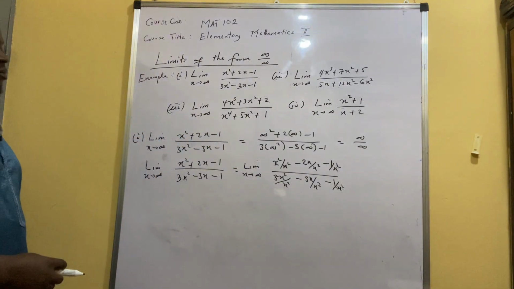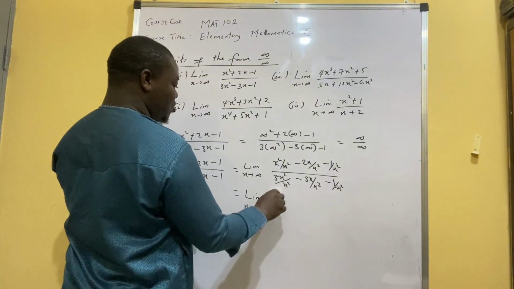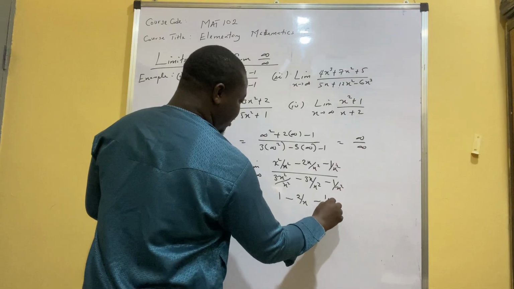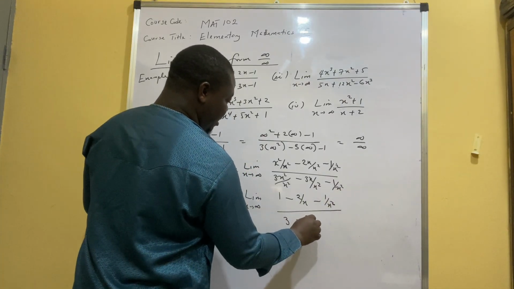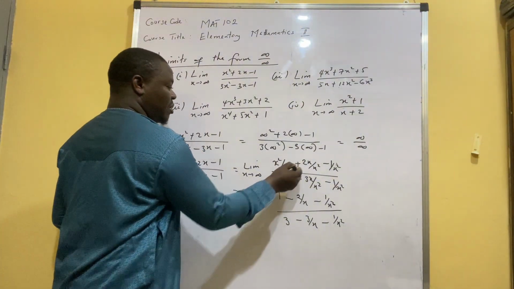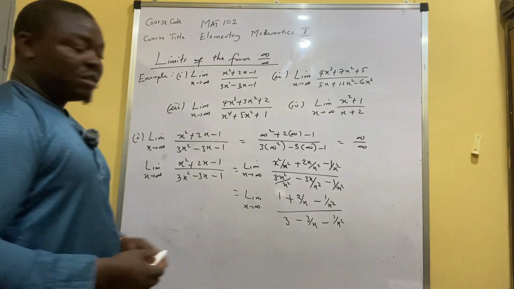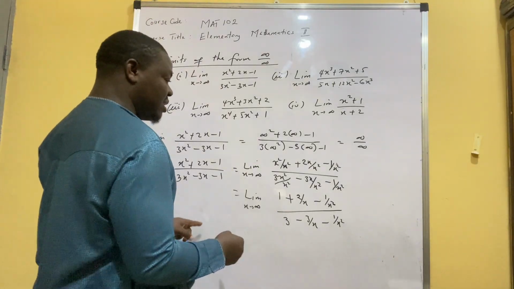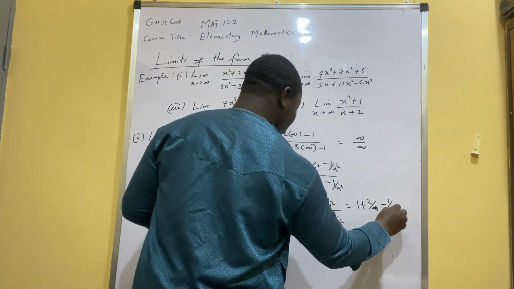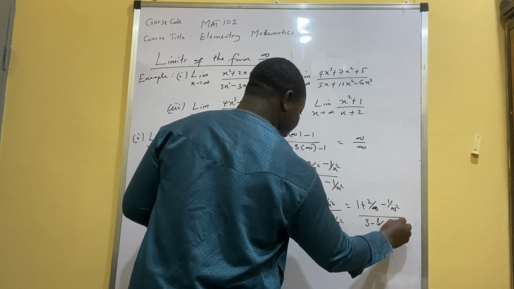By the time we do this, it can be simplified to 1 plus 2 over x minus 1 over x squared, divided by 3 minus 3 over x minus 1 over x squared. Now we can substitute the infinity: we have 1 plus 2 over infinity minus 1 over infinity squared, divided by 3 minus 3 over infinity minus 1 over infinity squared.